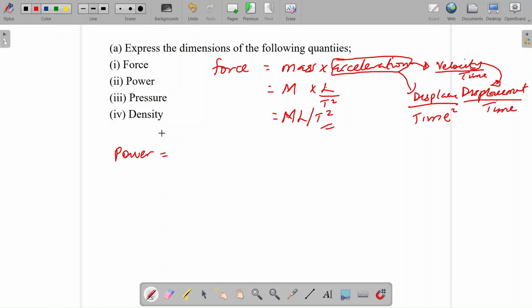It's still the same process. You firstly take it to the lowest units. Power, by definition, is work done divided by time. And work done is the same thing as force times distance.